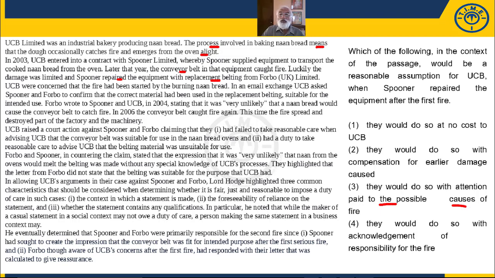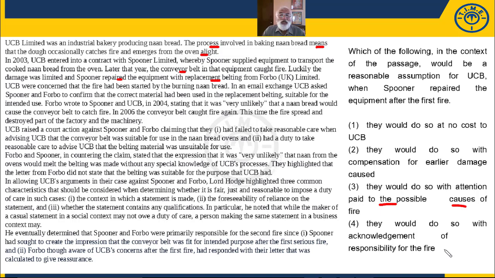Would it be that they would acknowledge the responsibility for the fire? That's not discussed here because we've not discussed compensation or who was responsible. UCB's concern is, did you use the right material? And these guys repaired a belt that had caught fire.